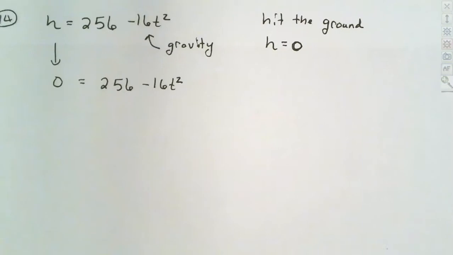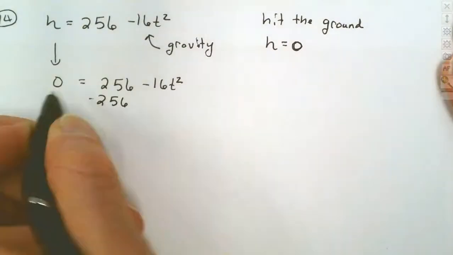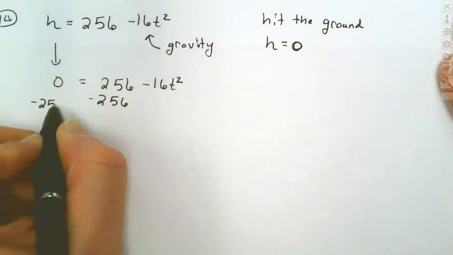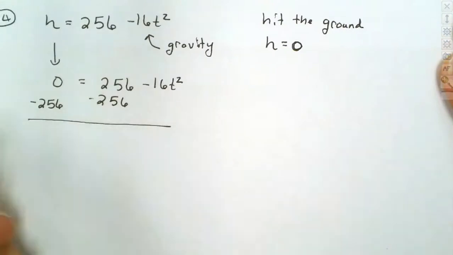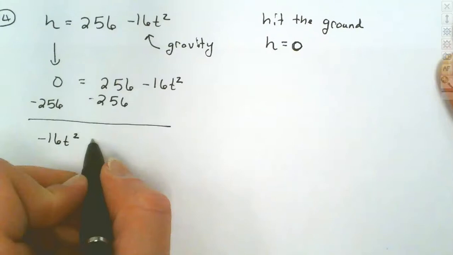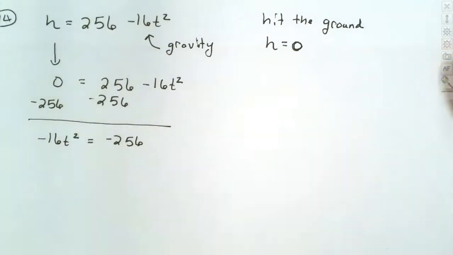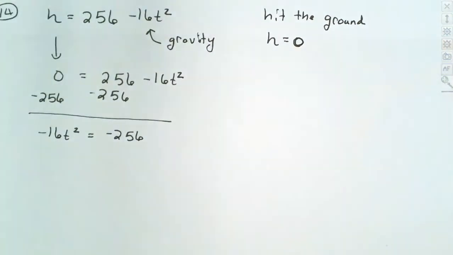So we've got this equation. Now we're going to use the square root property. We could factor it, but we're going to use the square root property. So let's go ahead and first move that 256 over. And then I'll rewrite it. So we have a minus 16t squared equals a minus 256.